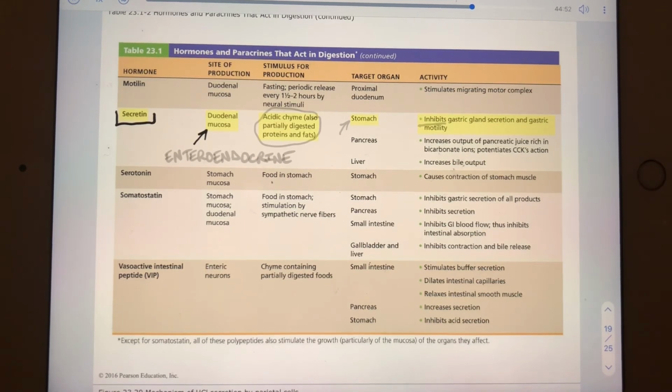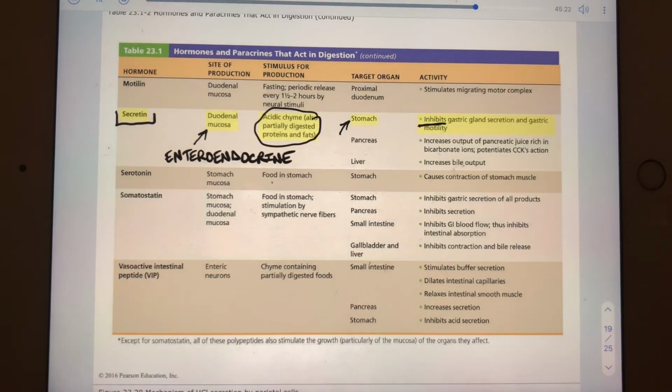It's secreted also when foodstuffs are arriving to the duodenum or shortly thereafter. It targets the stomach and it is inhibitory. Both cholecystokinin and secretin are inhibitory, and again they're made in enteroendocrine cells, but this time enteroendocrine cells of the duodenum.